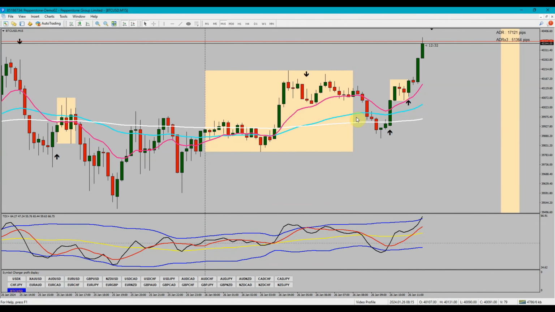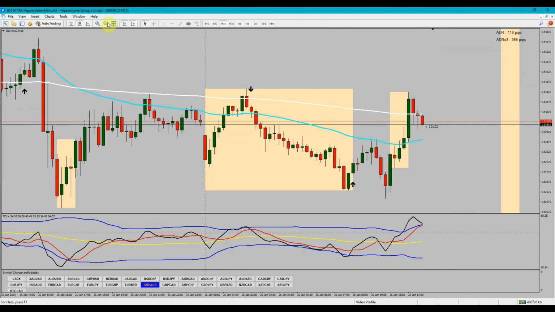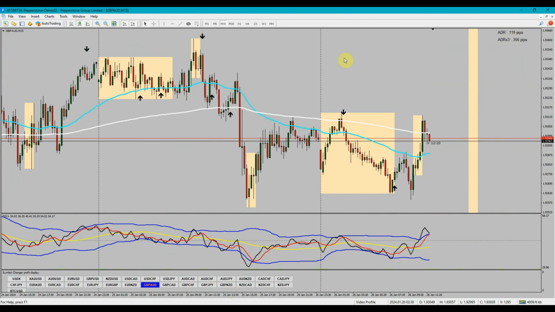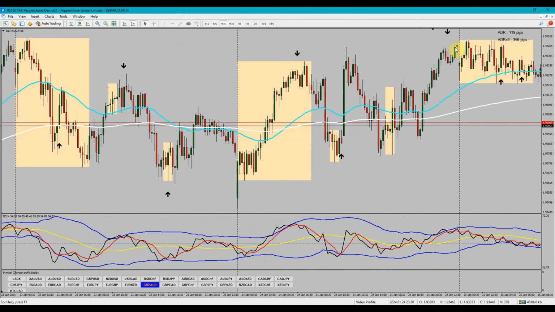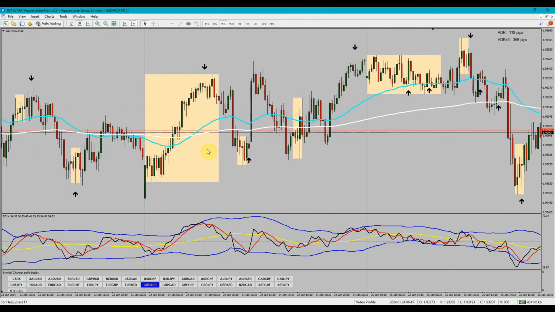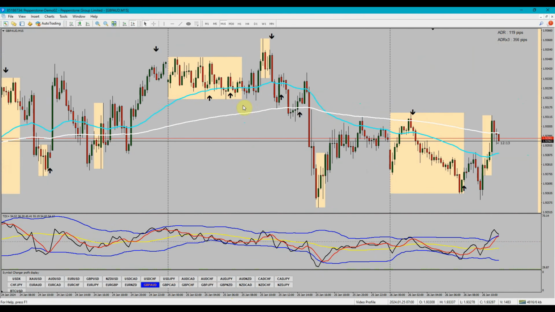Okay, so I hope this helps you guys identify trends. This happens on every pair that you can think about. Let's look at pound Aussie. A bit of choppiness, but our 50 is above the 200 and we have buying movement.